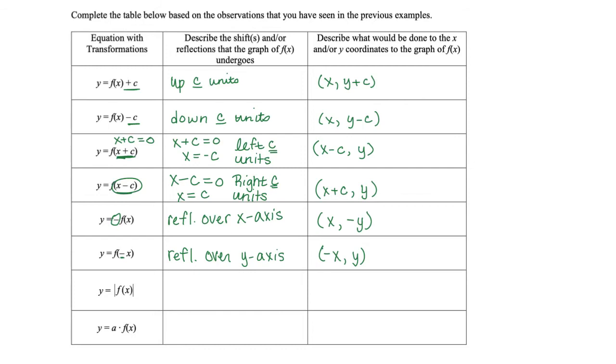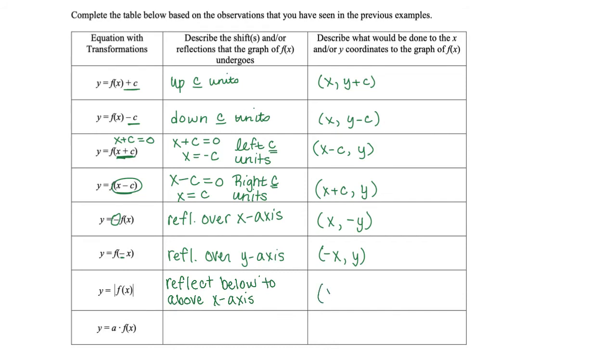Okay, and the next one, you're doing the absolute value of f of x, which is the y values. So you're going to reflect, this one's kind of different, you're going to reflect from below to above the x-axis. Everything that's below the x-axis gets reflected to above.